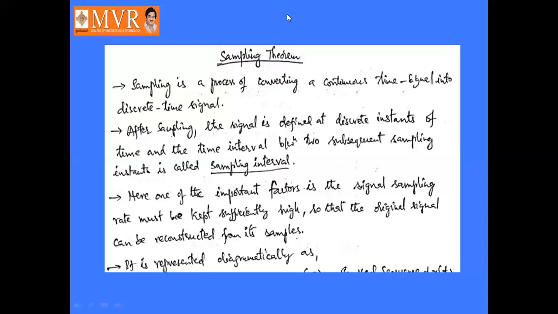After sampling, the signal is defined at discrete instances of time, and the time interval between two subsequent sampling instances is called the sampling interval. One very important factor is that the signal sampling rate must be kept sufficiently high so that the original signal can be reconstructed from its samples.